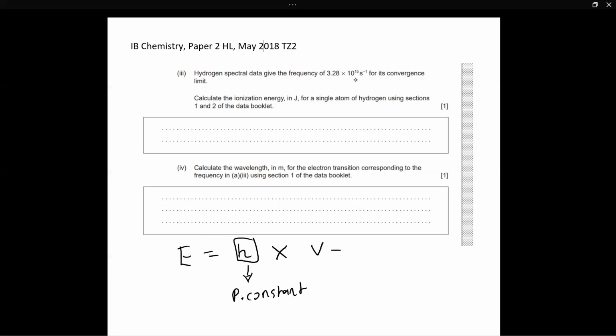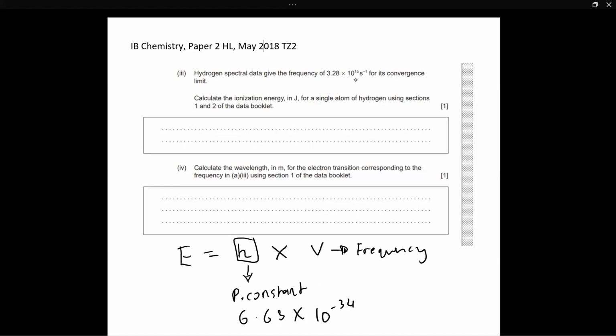What is v? v is frequency. As you can see, this equation is going to help us tackle the first question. They've asked us to calculate the ionization energy, which is E. And we know Planck's constant from the data booklet. If you turn over to section 2, you can see it: Planck's constant is equal to 6.63 times 10 to the power of negative 34.